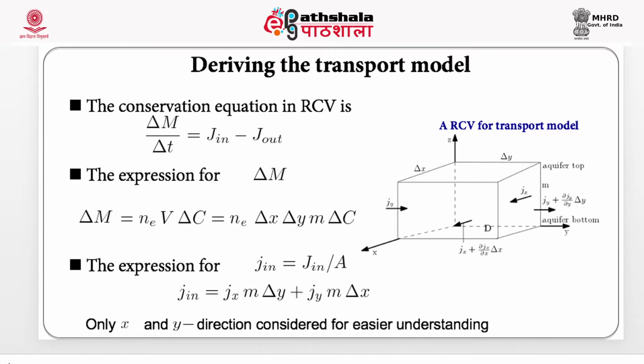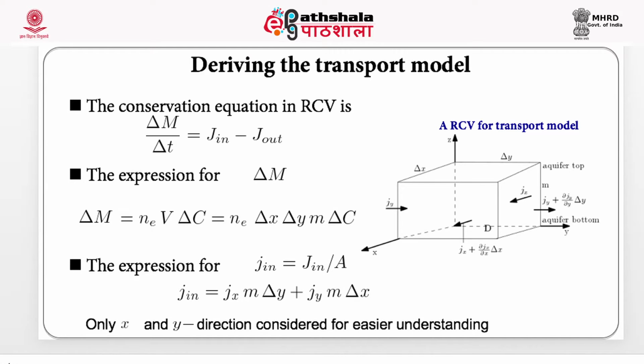This is simply the volume of the model aquifer, or the volume of the RCV, times the change in concentration. Of course, it has to be multiplied by the effective porosity, because that is where the water is flowing. So this can be simplified as Ne delta X delta Y M delta C. Here M is the thickness of the aquifer. We have used it instead of delta Z for simplicity. Now we have delta M.